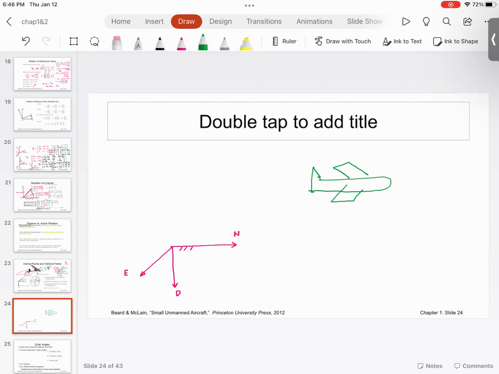But these are successive rotations. So first, what I need to do is translate this frame from the inertial Earth-centered, Earth-fixed frame to the CG of the aircraft. So I just do a translation of the frame to the CG of the aircraft, and this frame is called the vehicle frame.